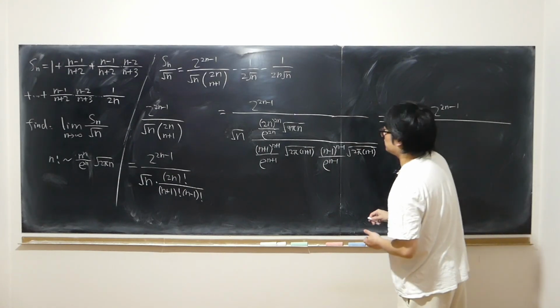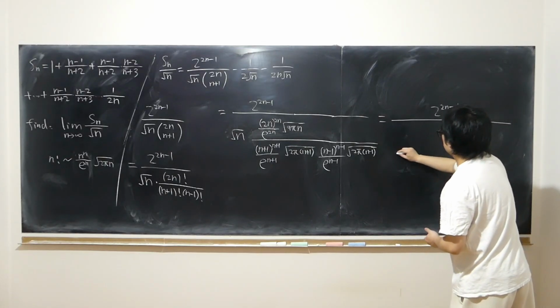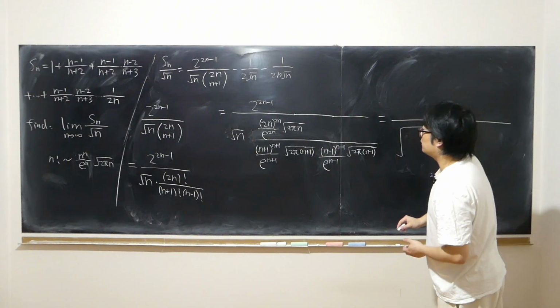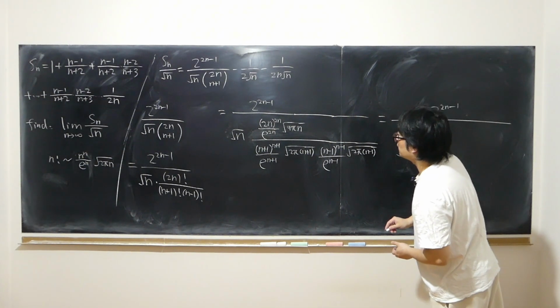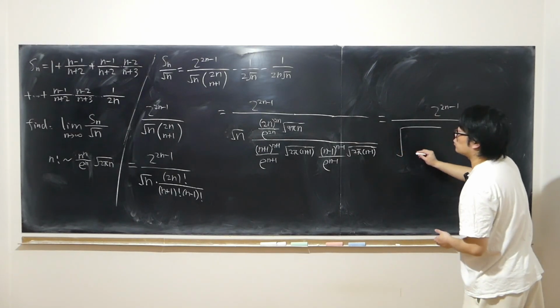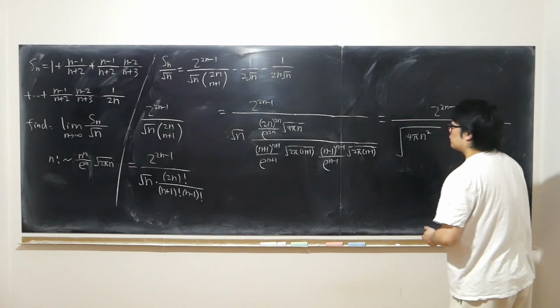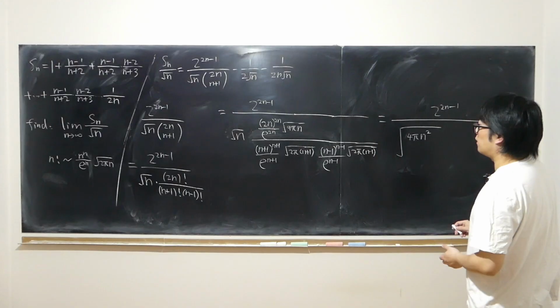Combine the square roots, all the square roots, right? Put them under, n times, so 4 pi n squared. Right, 4 pi n squared.